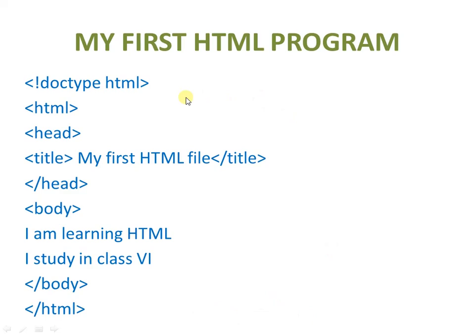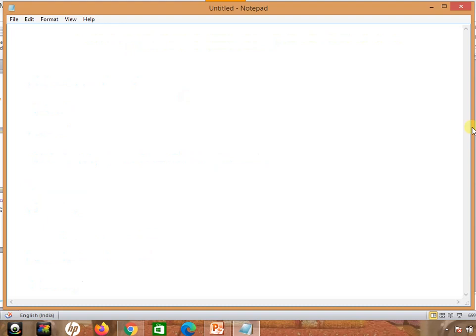So let's start. Now we have to open Notepad and start writing the HTML. This is the opening tag. First of all, we have to specify the HTML tag. After that we have to specify the head tag.